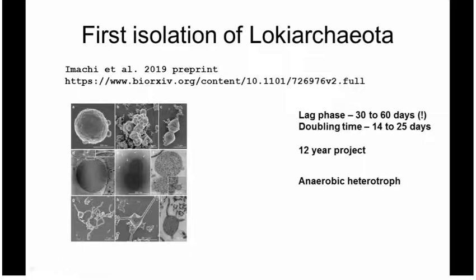It needs to have one other bacterium together with it because it's got a kind of syntrophic, a symbiotic relationship. So they can grow the culture of two bacteria together and quantify the growth of each one. So the lag phase, you put it into culture for 1 or 2 months, it doesn't grow at all. Then when it starts growing, it takes like 3 weeks to double the numbers.